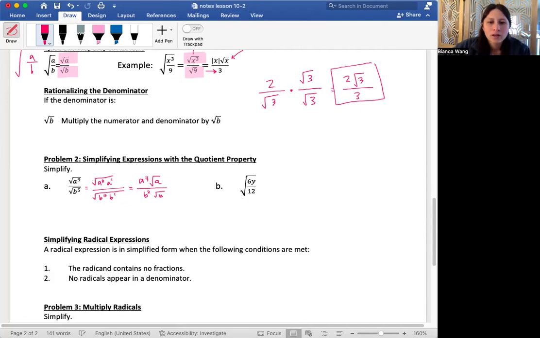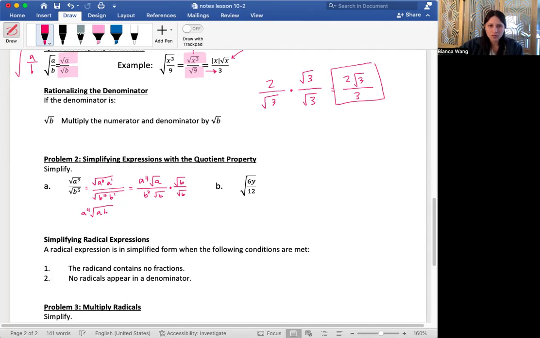Now, what is the thing that we have to get rid of here in the denominator? It is the square root of b on the bottom. So I'm going to multiply by square root of b over square root of b. When I multiply this, what's going to happen is I have a to the 4th times square root of a times square root of b.